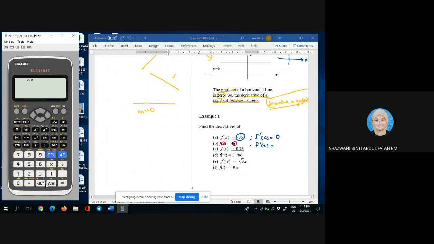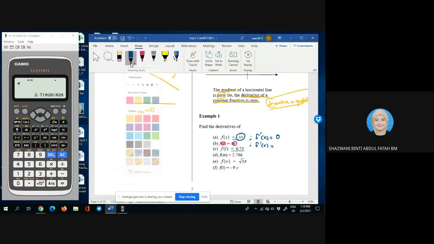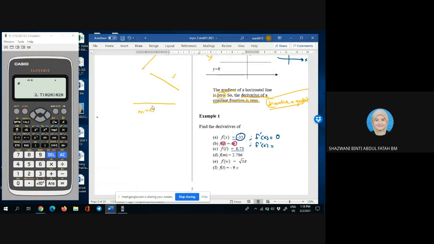It is not a variable. So jawapannya adalah kosong. The answer is 0.